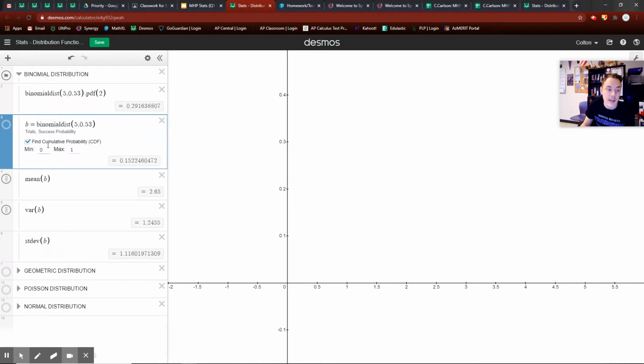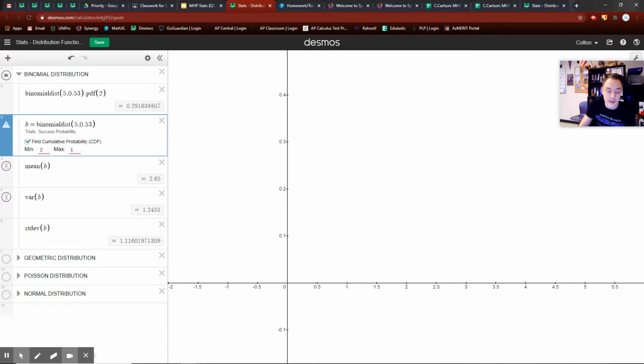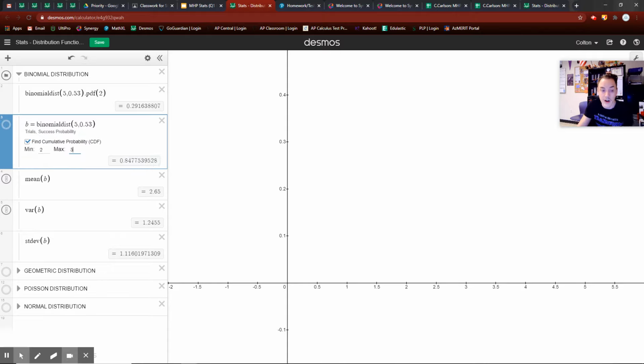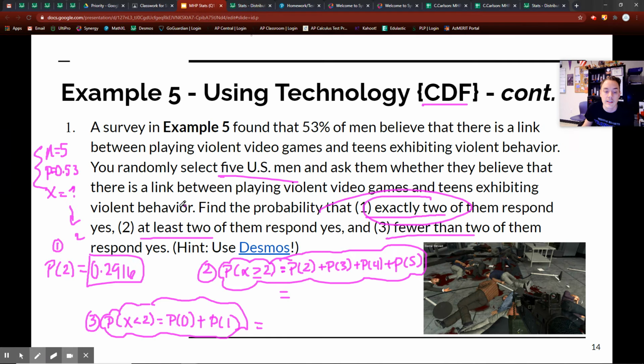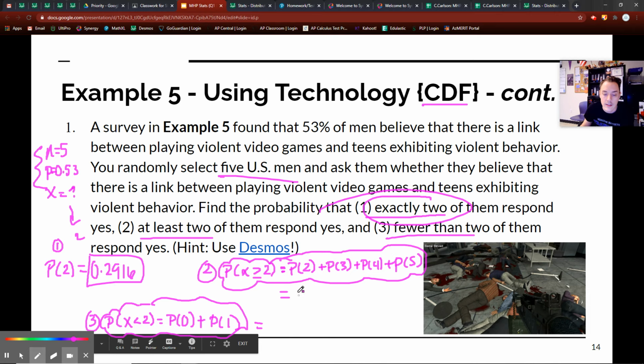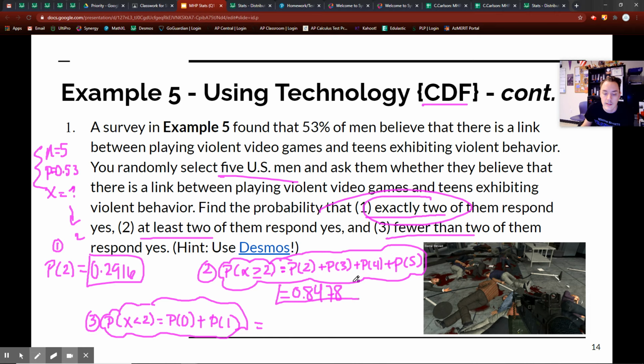And then my min is going to be 2, and my max is going to be changed to 5. So my probability is 0.8478. I'm going to round that 7 to 8. Perfect.